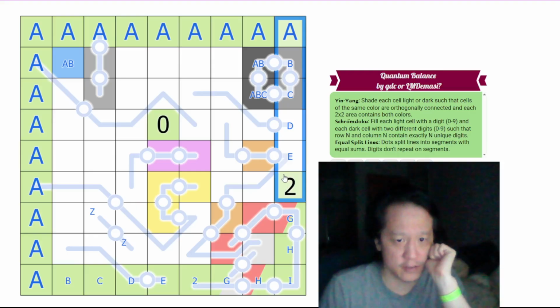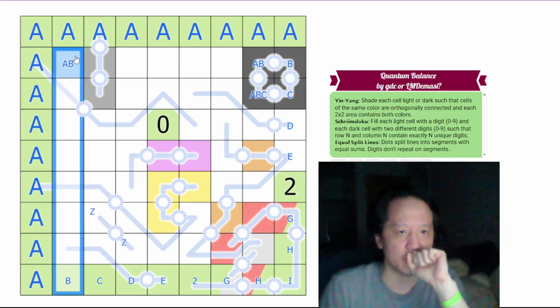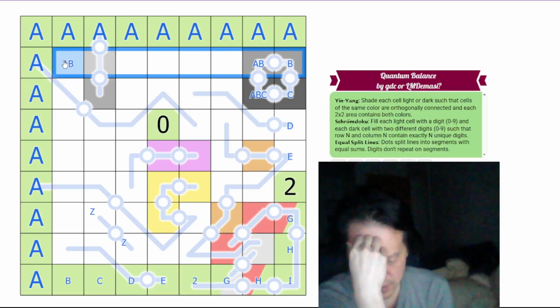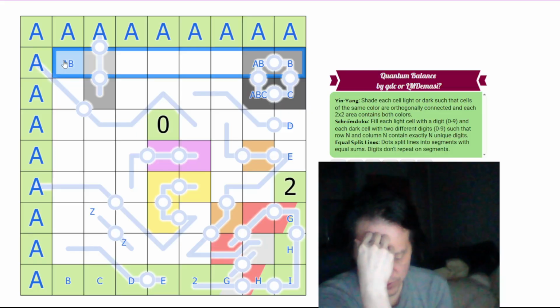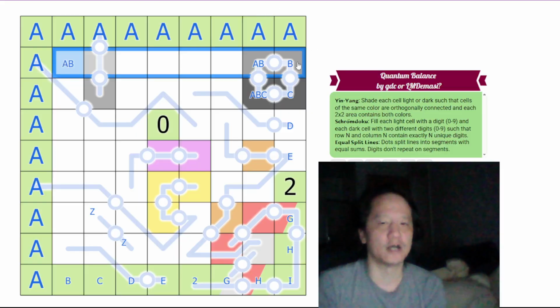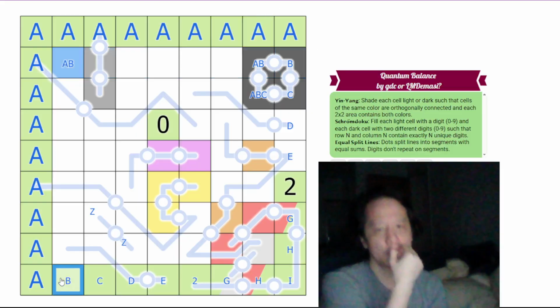You can't. Because basically, B is only available in... Well, can these be different digits? I don't think so. Maybe. Maybe these could be different digits, in which case these are not matching. Huh.